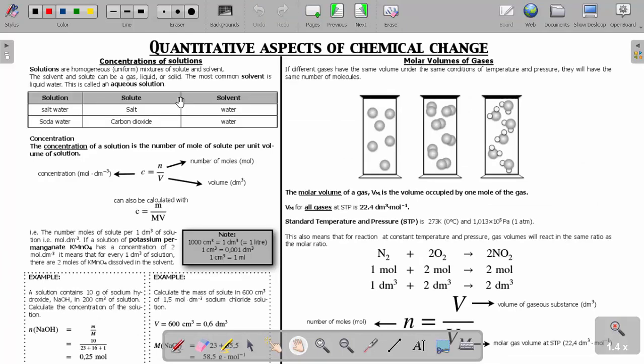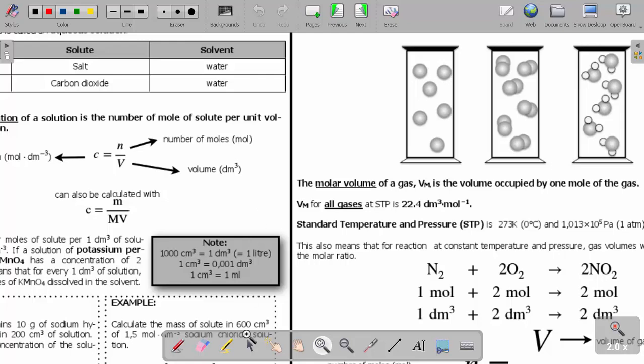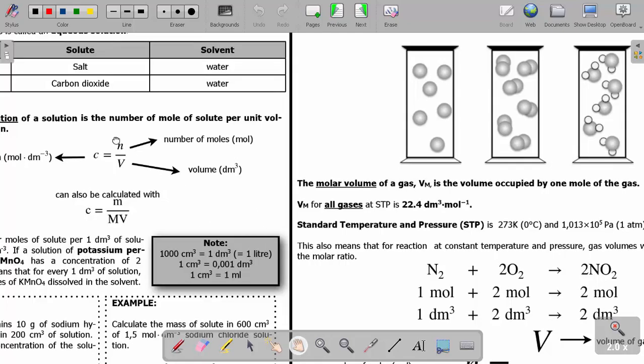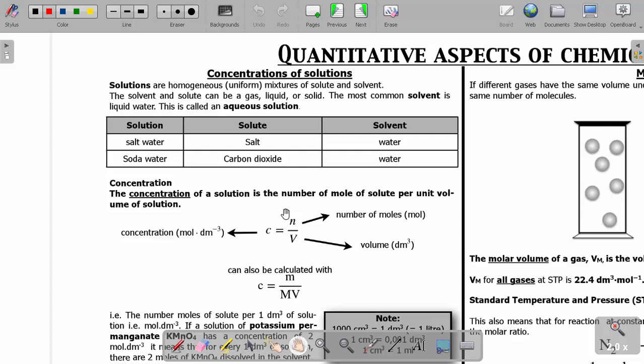Next, let's look at concentrations of solutions. Now solutions are homogeneous or uniform mixtures of solute and solvent. The solvent and the solute can be a gas, liquid, or solid. The most common solvent is liquid water.